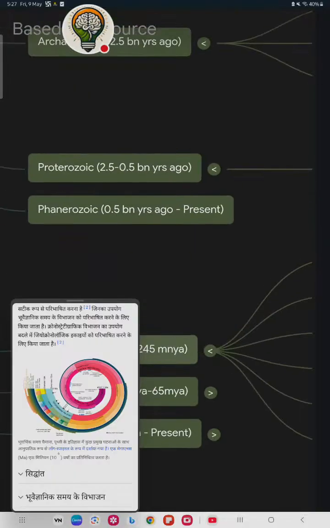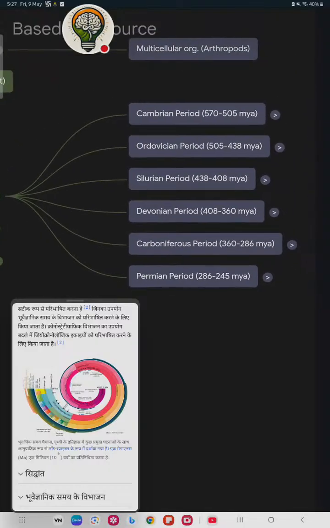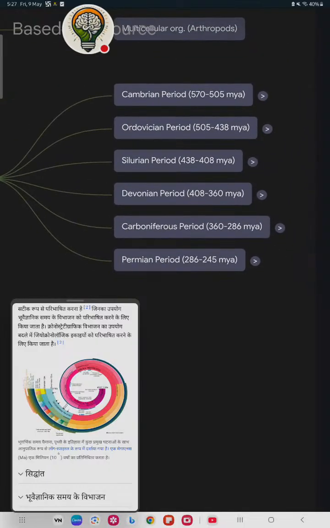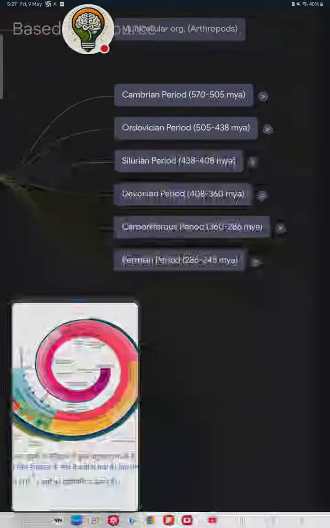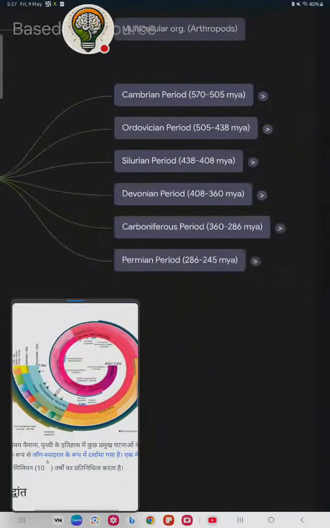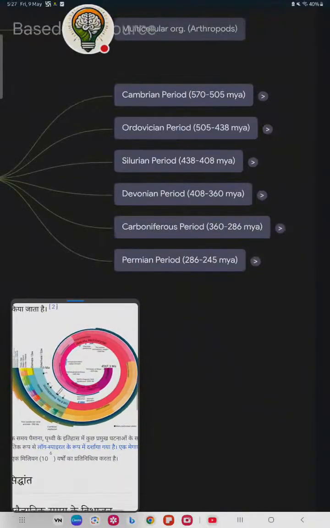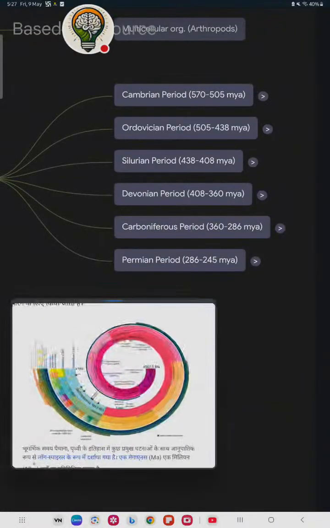Then the Paleozoic era, where we have six major periods: Cambrian, Ordovician, Silurian, Devonian, Carboniferous and Permian.